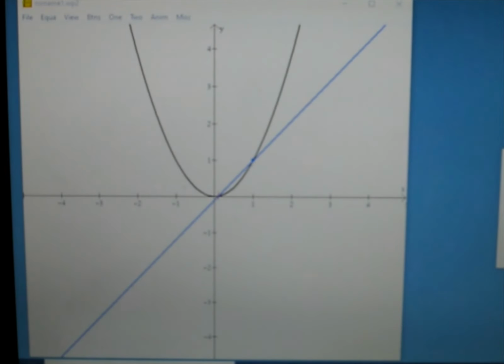And there's the secant line for the time interval 0.1 to 1. So let's get up to 0.5 to 1. So this one is 0.5 to 1, and we found that the average velocity was 1.5, so the slope of that line is 1.5.